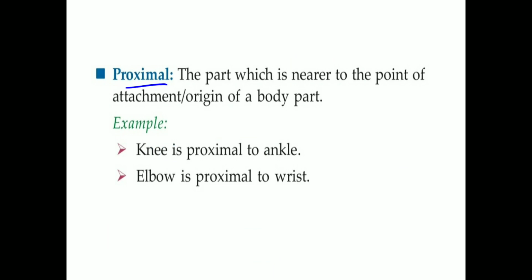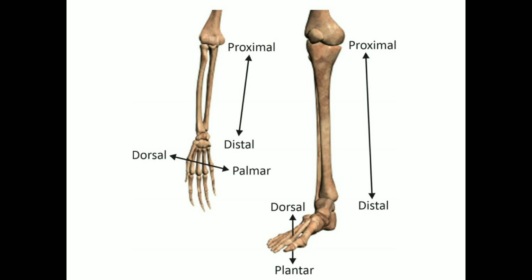Then proximal, the part which is being described is nearer to the point of attachment or nearer to the point of origin of a body part. Example, knee is proximal to ankle. So knee is proximal to the ankle.